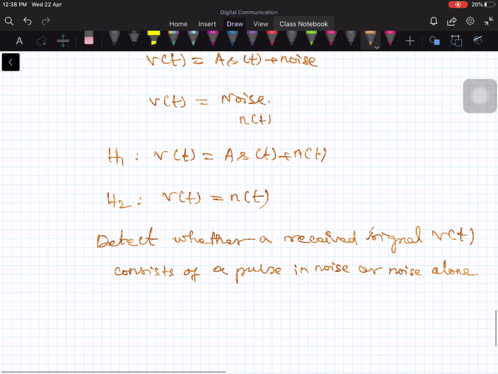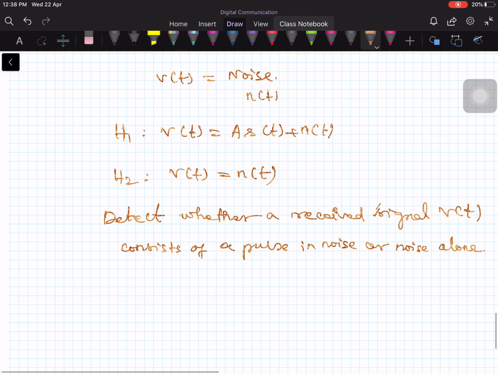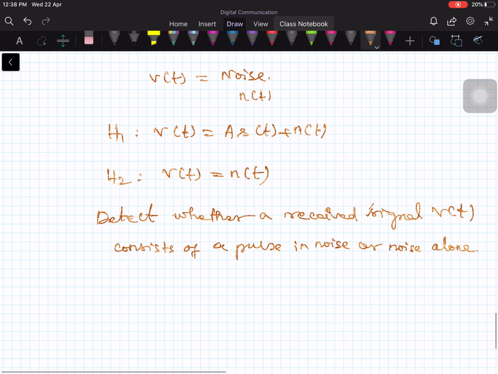These are the two hypotheses in front of us. The question is, which of these is true? All we have with us is the observed waveform, V of t, the received waveform. From the observed waveform, I should say which hypothesis is true.